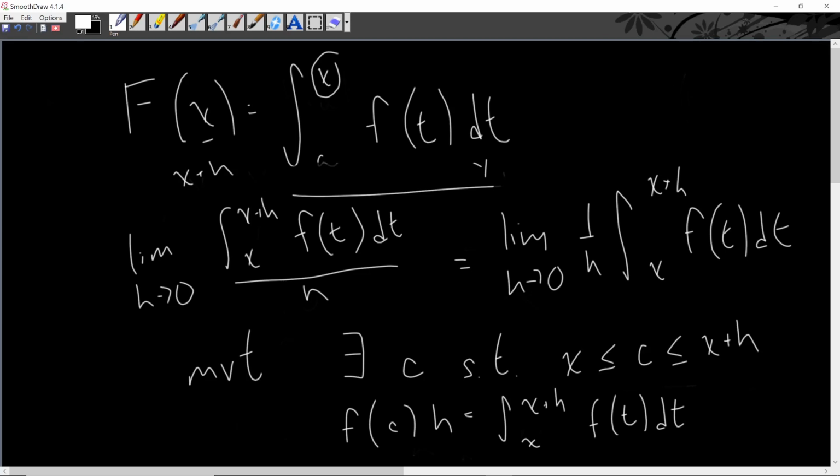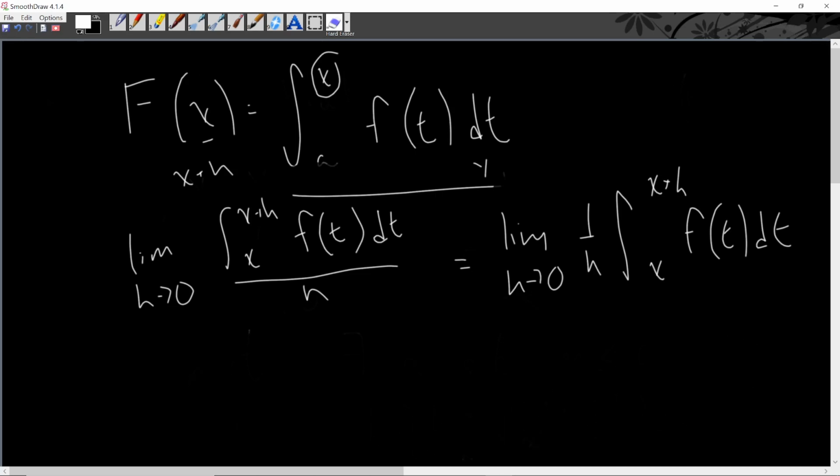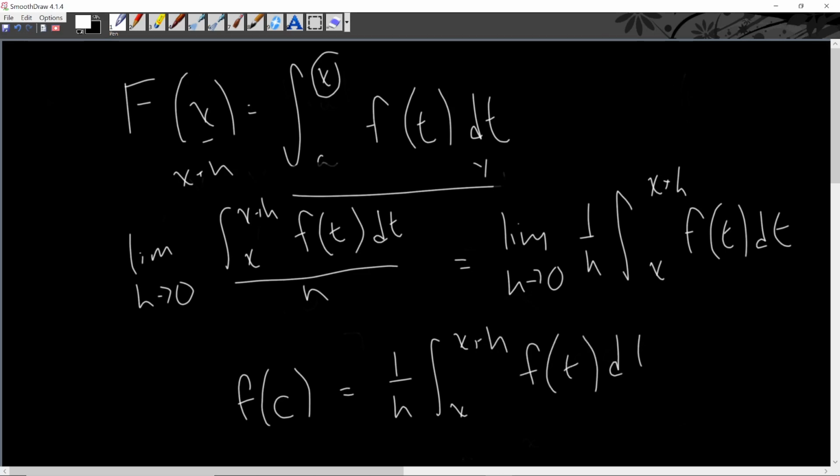Just for now, we just need to know that this is a theorem that exists, and it's just saying that f of c is going to be equal to 1 over h times the integral from x to x plus h of f of t dt.